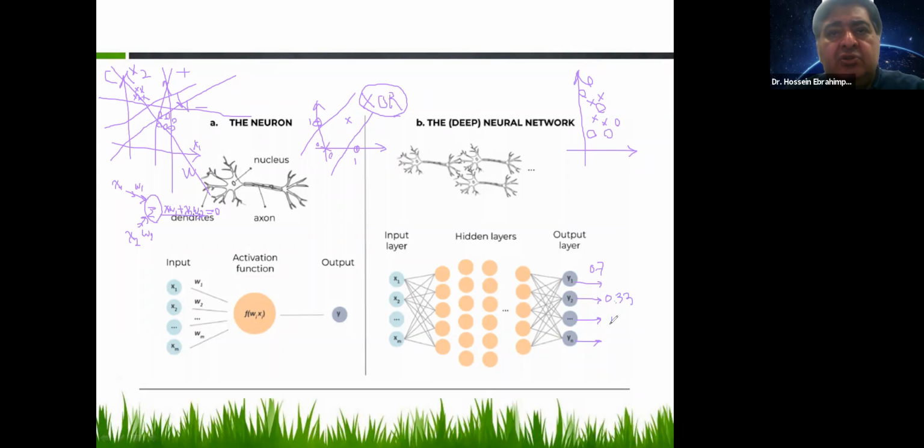The other one says, okay, it is 0.9 banana. And the other one says it is 0.1, for example, I don't know, mandarin.